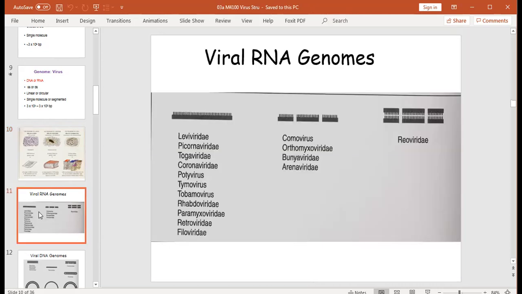Slide number 11 shows various classes of RNA viruses which have different types of genome, double-stranded, single-stranded, either segmented or as a single molecule.